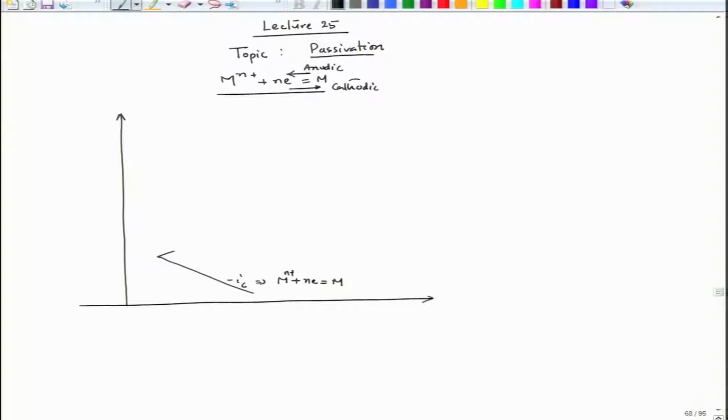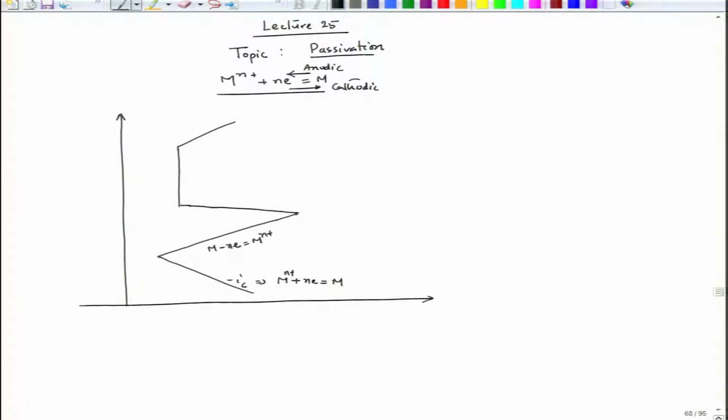Then we would have the anodic process, and it reaches a maximum point. This is, let us say, the maximum point, and then we have found that it starts decreasing, and then it reaches a very low value, and then a constant value is maintained, and then from here you can have a graph like this.